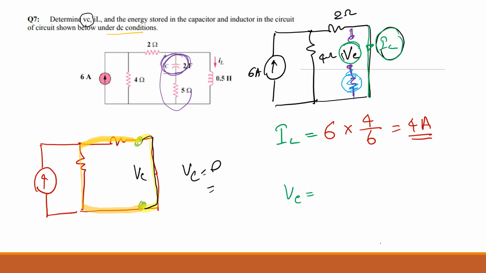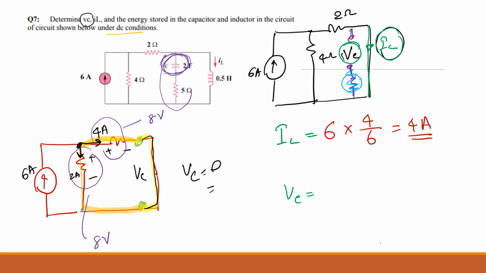So you have a 6 amps current and it is split, so 4 amps going this way, so this way is 2 amps. So you can find the voltage here, which will be 4 times 2, which is 8 volts, and also here 2 times 4 is 8 volts. So they are in opposite directions. Do you see?